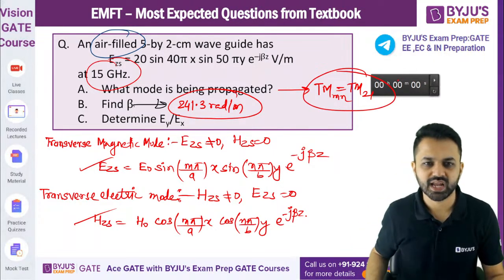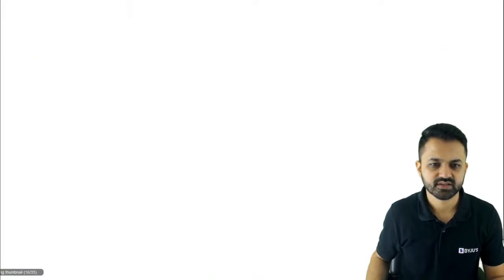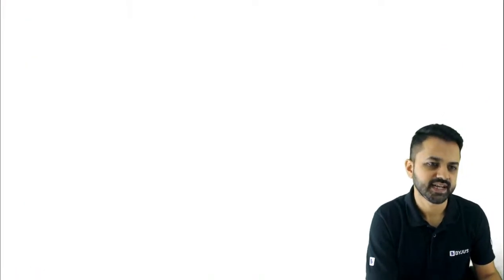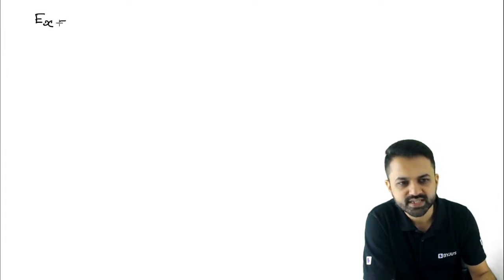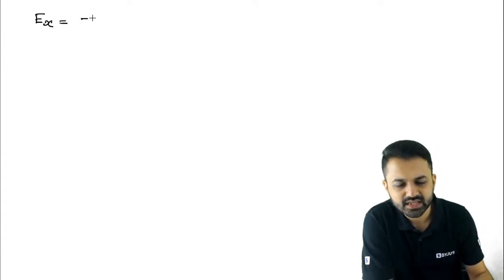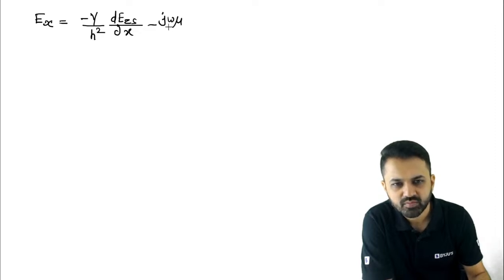Okay, now coming to the last part of this, EY and EZ. So how can you calculate the EX? EX is nothing but minus gamma upon h square del Ez upon del x minus j omega mu upon h square del Hz upon del y.